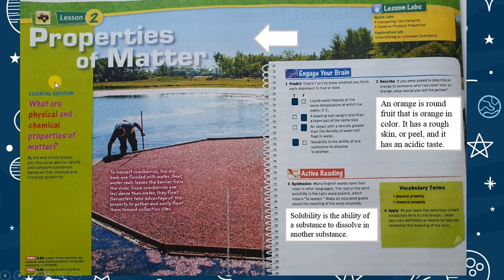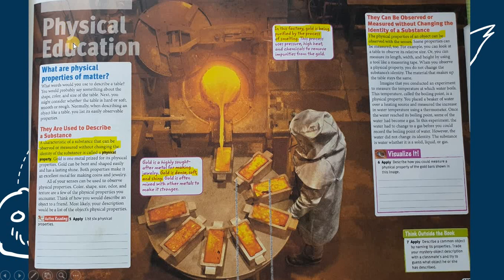In this lesson, we are going to talk about these vocabulary terms, physical property and chemical property. Remember that we have been talking about the difference between these two. Let's continue with the class. In here, we are going to talk about physics. So, we are going to know what a physical property is. What is a physical property?